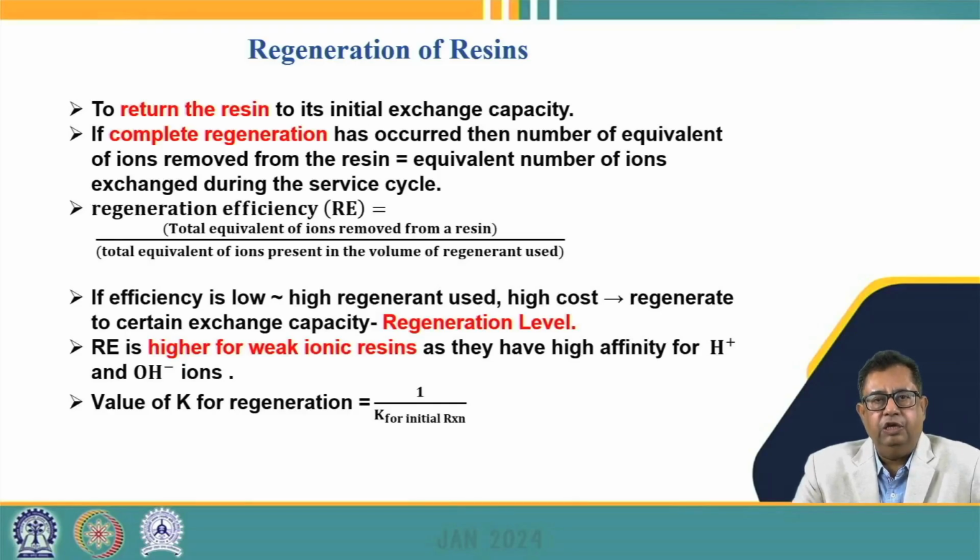So the value of K, the rate for the regeneration, is inversely proportional to the value for the initial reaction. For example, when we talk of the strong acid or base ion exchange resin, the rate of the initial reaction is quite high, so the rate of the regeneration will be smaller.